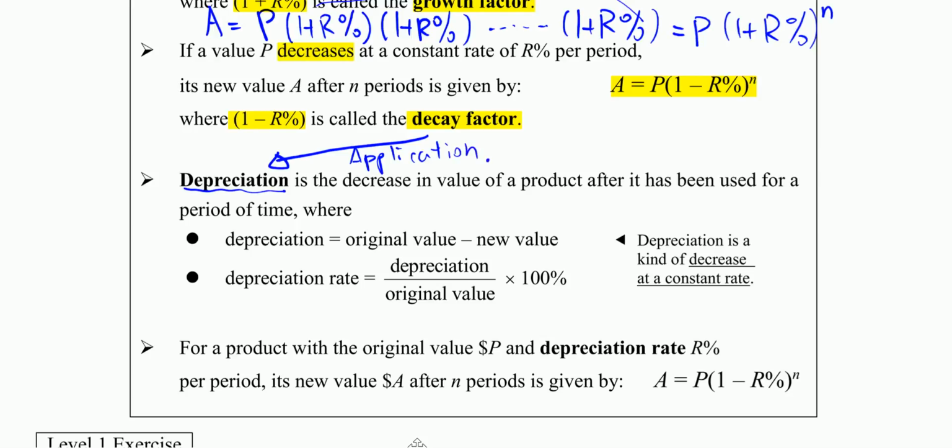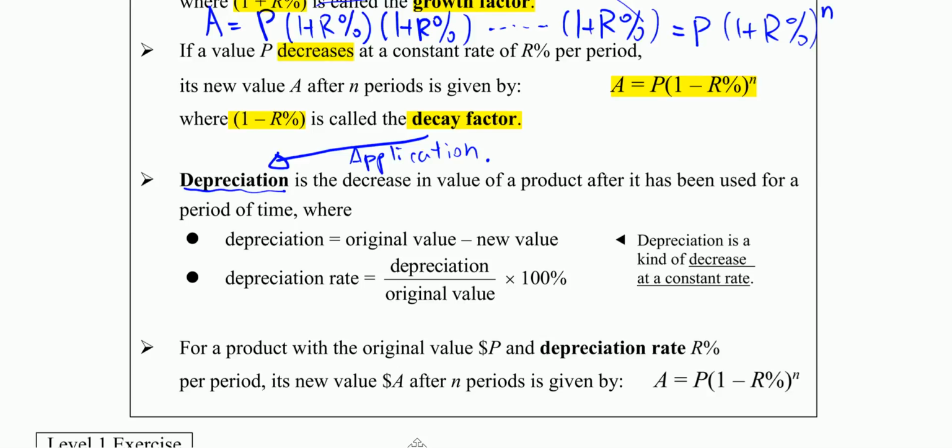We know that for some products the value will decrease after some periods, and in detail we call such a phenomenon depreciation, since the value of some products will decrease and is not as good as before.